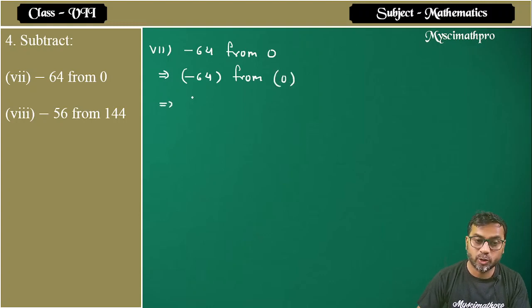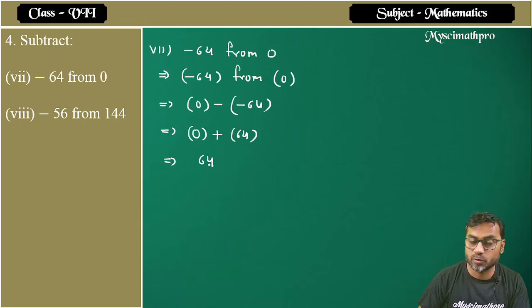Then according to method, we write 0, put the minus sign, then we write minus 64. Then 0 as it is, in the place of minus, plus sign, and we have to write the additive inverse of minus 64. So it will come plus 64 and the answer will be 64.